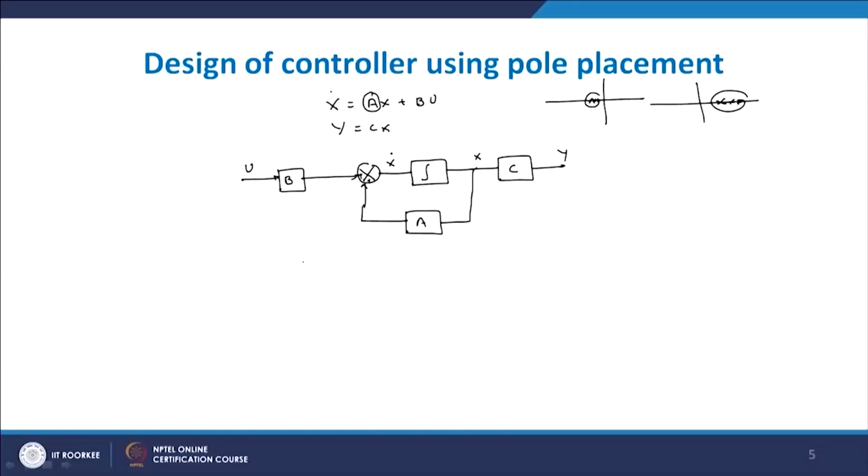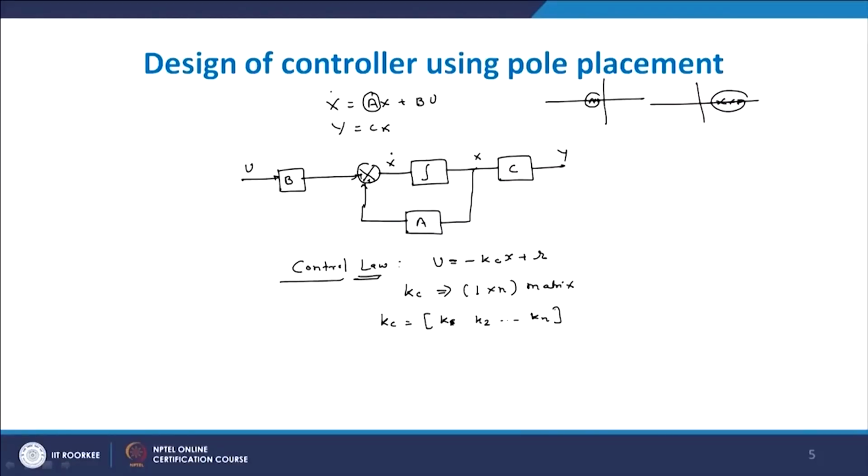Therefore, the control law which we can consider is u equals minus Kc x plus r, where Kc belongs to a 1 cross n matrix, that is, Kc is nothing but [k1 k2 up to kn]. Here k1 is for one state, k2 for another state, kn for another state, because this relates the input with the states.